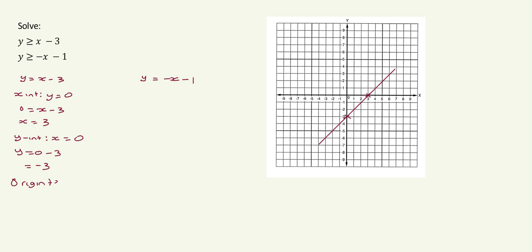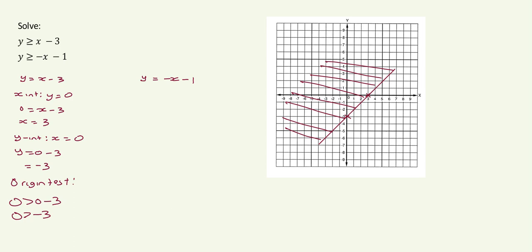So the origin test here shows that 0 should be greater than 0 minus 3, 0 greater than negative 3. So every part of the graph above the line where you have the region 0, 0 or the origin is considered a valid region for that inequality.